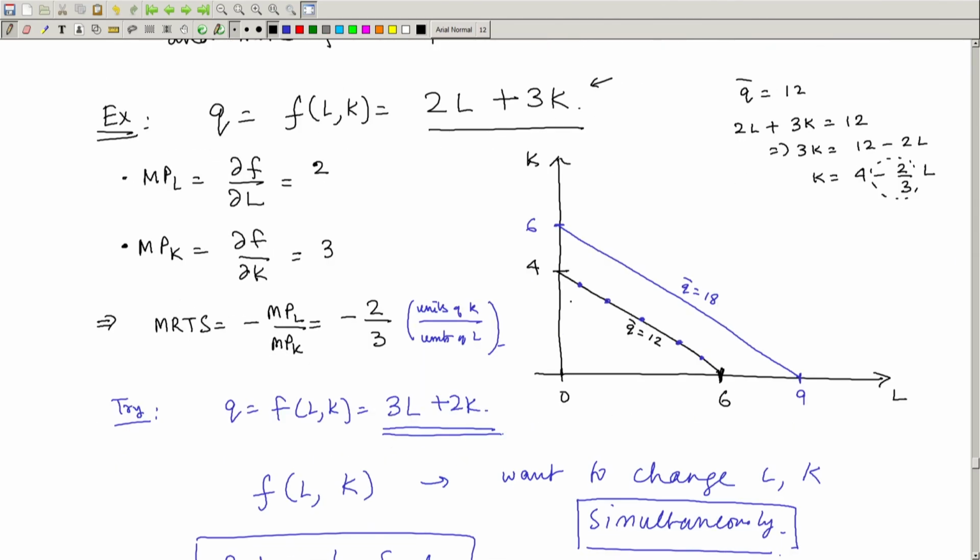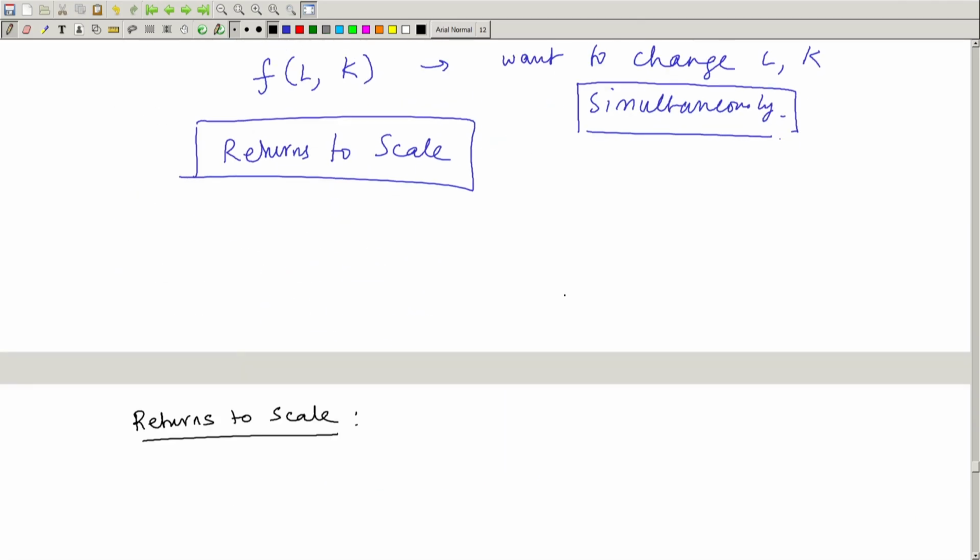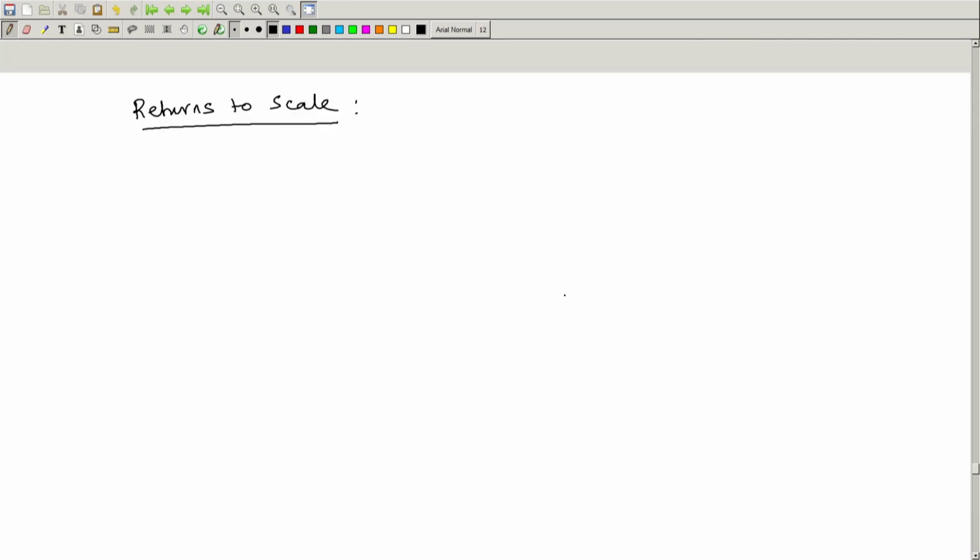And we figured out that the marginal rate of technical substitution for a function of the form 2L plus 3K is constant, minus 2 by 3, the units of K over units of L.